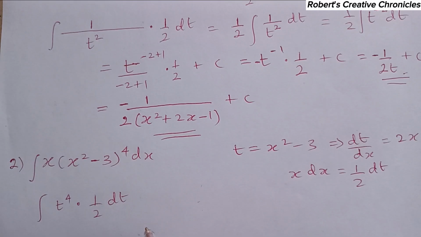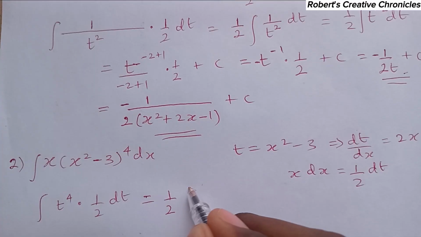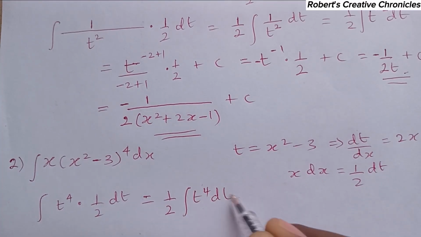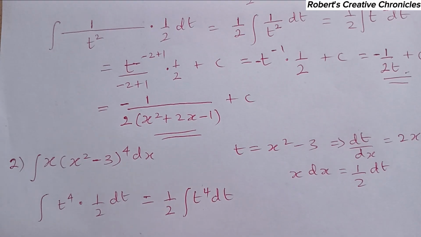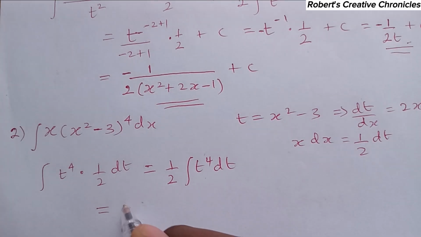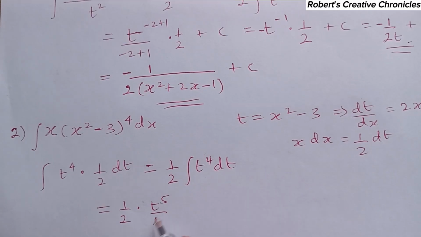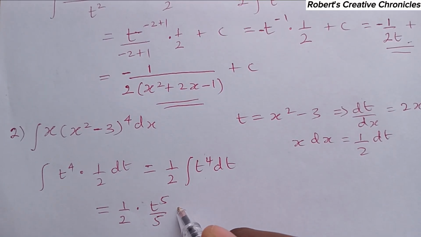Then we simplify it. This becomes 1 over 2 integral of t to the power 4 dt. So now we find the integral of t raised to the power of 4, which is t^5 over 5 plus c.